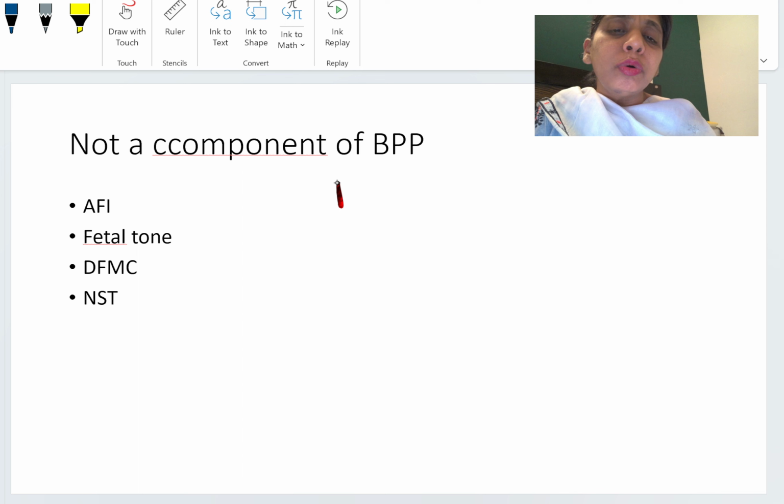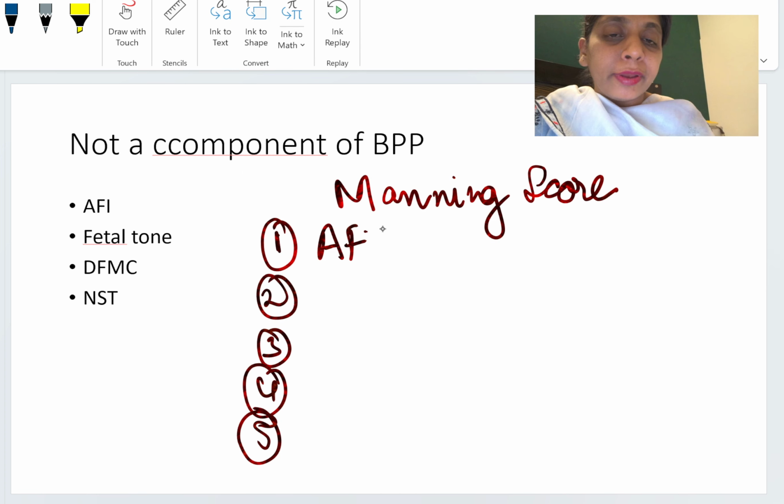You just listen here that one component is AFI and another component is NST. Okay, and as these two components are the most important, these are also known as modified biophysical profile.